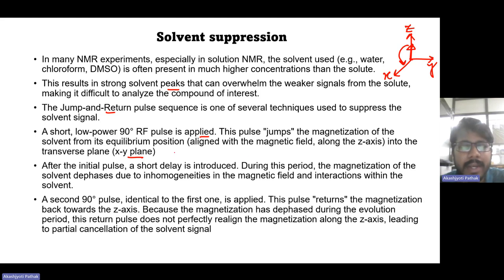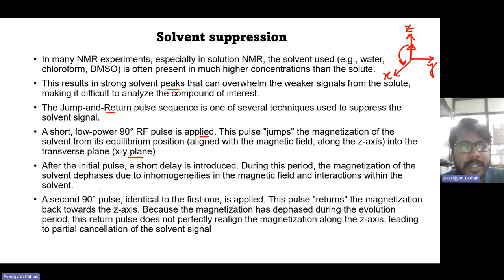During this period, the magnetization of the solvent dephases due to inhomogeneities in the magnetic field and interaction with other solvent molecules. Once you remove the RF pulse, the magnetization of these solvent molecules will dephase out from the transverse plane, and they will start moving towards the longitudinal plane, towards the z-axis.